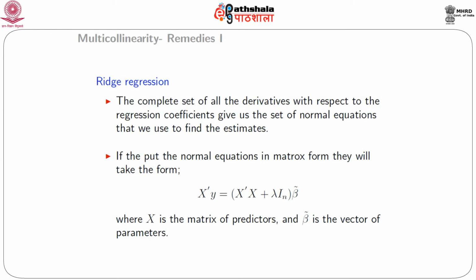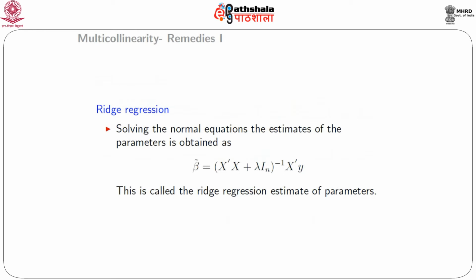Solving the above set of normal equations, the estimate of the parameters is obtained as beta tilde equals X prime X plus lambda times I, whole inverse, X prime y. This is called the ridge regression estimate of the parameters.